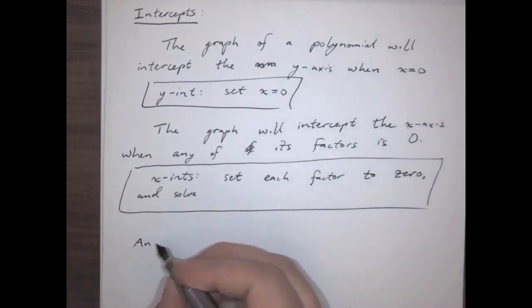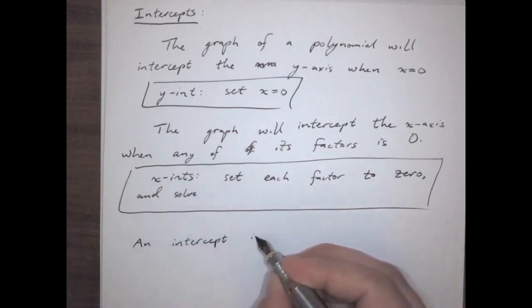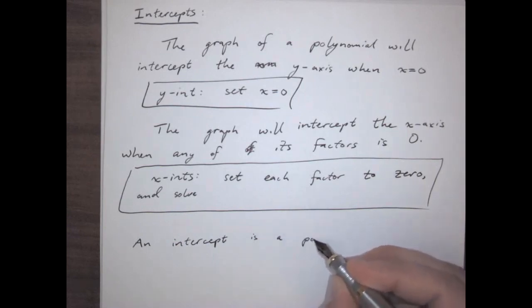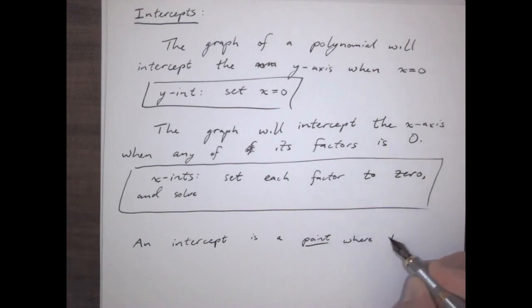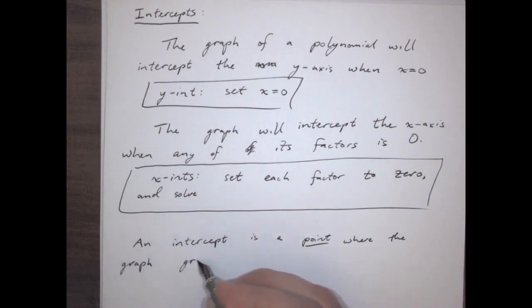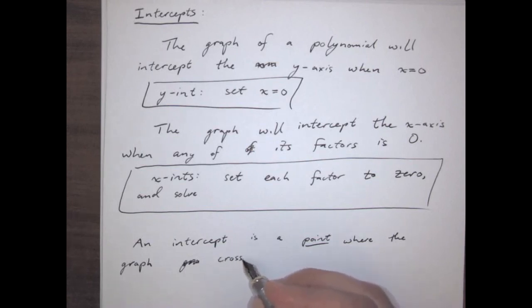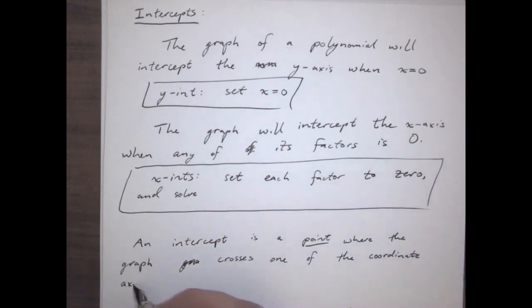So an intercept is a point where the graph crosses one of the coordinate axes.